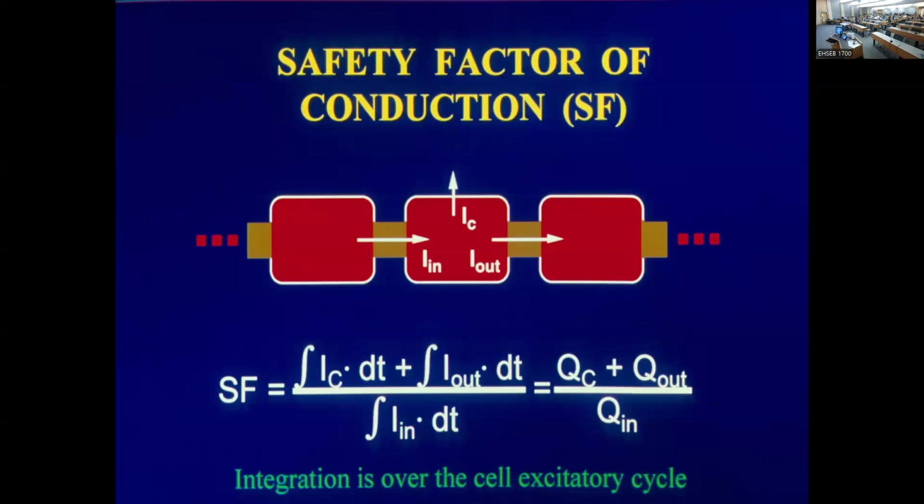So this was a measure of the robustness of conduction. One is actually the limit between conduction and failure. Normal tissue with normal gap junction conductance or normal excitability, the safety factor is about 3. So conduction in the normal heart is safe with a margin.